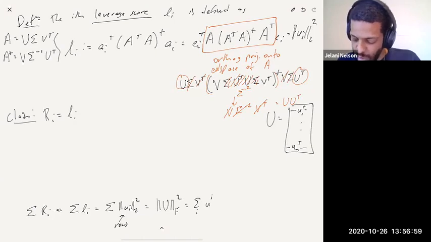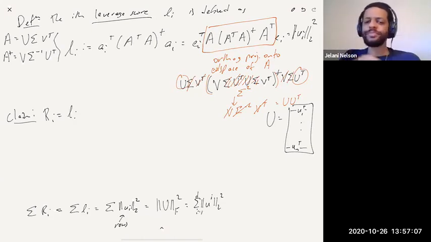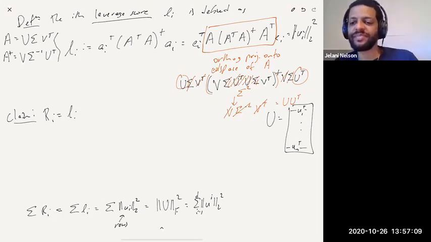So let's say U superscript i is the ith column. There are d columns if it's a rank d matrix. What's the norm of each? Remember, in the SVD, U and V have orthonormal columns, so each column has norm 1.